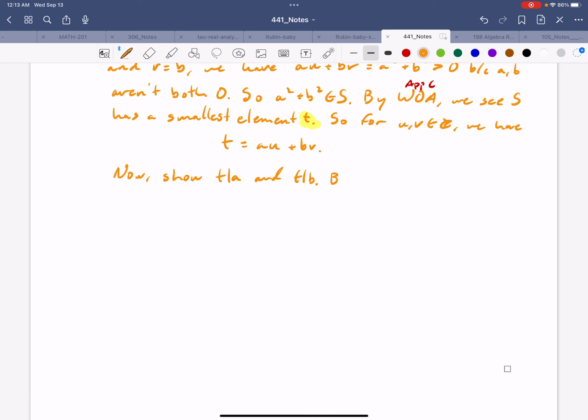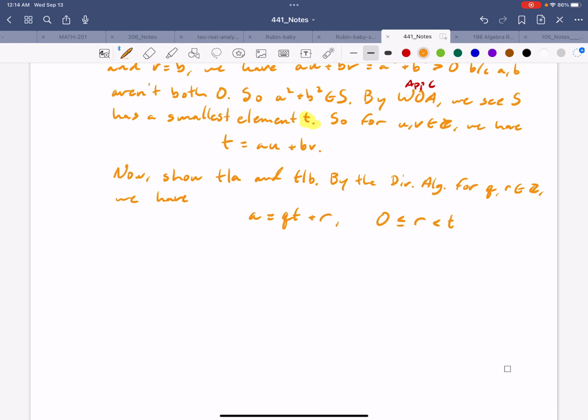So we'll say by the division algorithm, for integers q and r, we have that a equals qt plus r, and the one restriction we do have is that r has to be between 0 and t. It could be 0, but it can't be t. It's got to be strictly less than t, right?